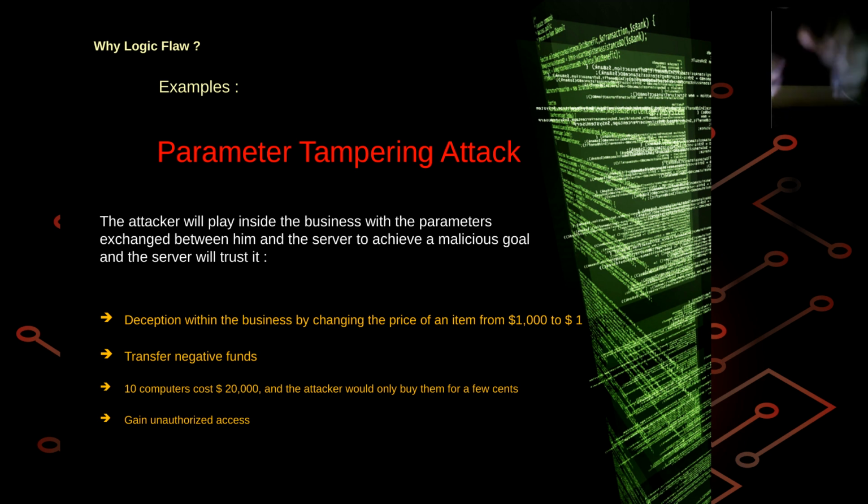This logic flaw can lead to financial loss for the business by changing the price of an item from $1,000 to $1. And even with negative prices, you can buy a lot of things for just a few cents. Parameter tampering can often be done with four things.